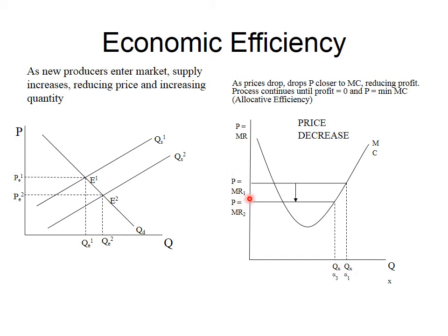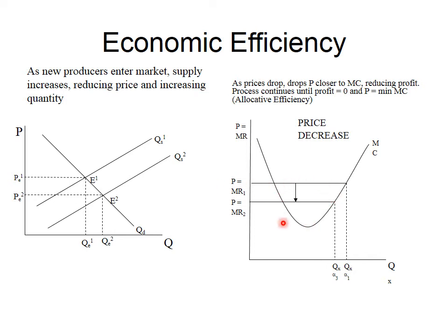So price equals marginal revenue. Well, here's the marginal cost curve for that particular firm. So when we begin, we have a price here and a marginal cost here, and what we talked about in profit maximization is that this area here is going to be our profit. With me so far?